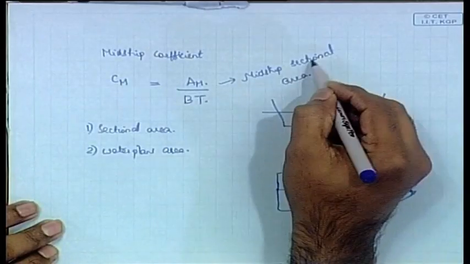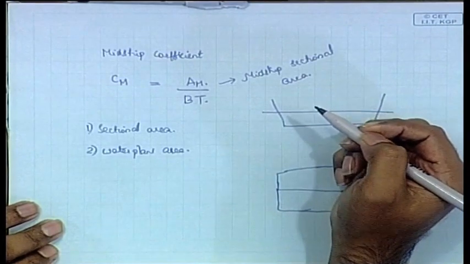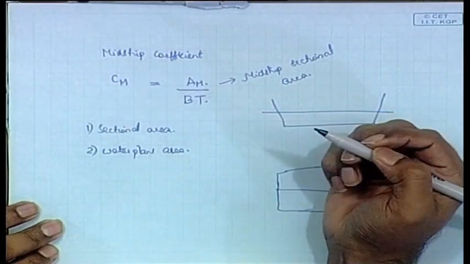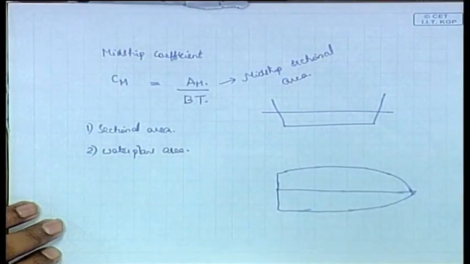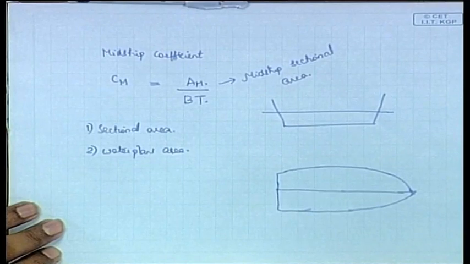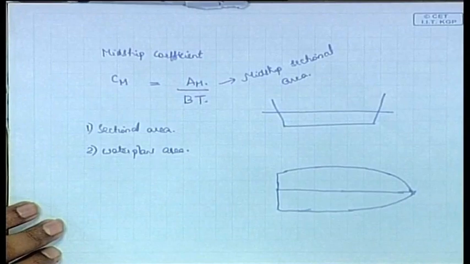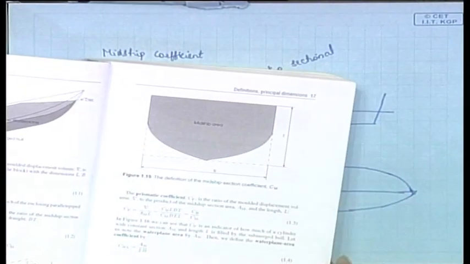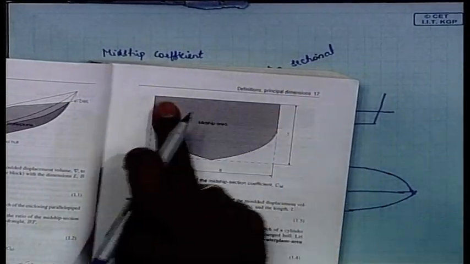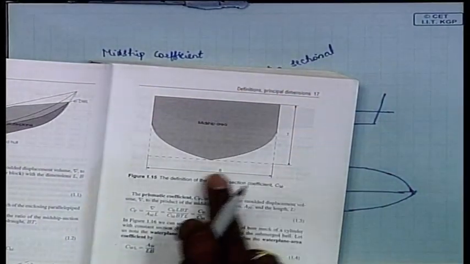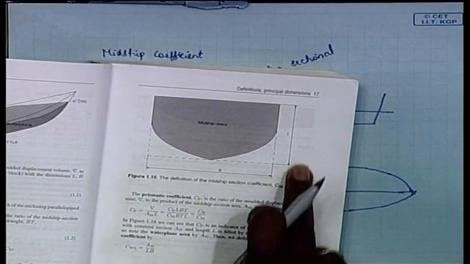So this is what we are talking about: midship sectional area divided by the breadth into draft. Actually this figure says that this is the sectional area, you are seeing the section, and this is the breadth, this is the draft.